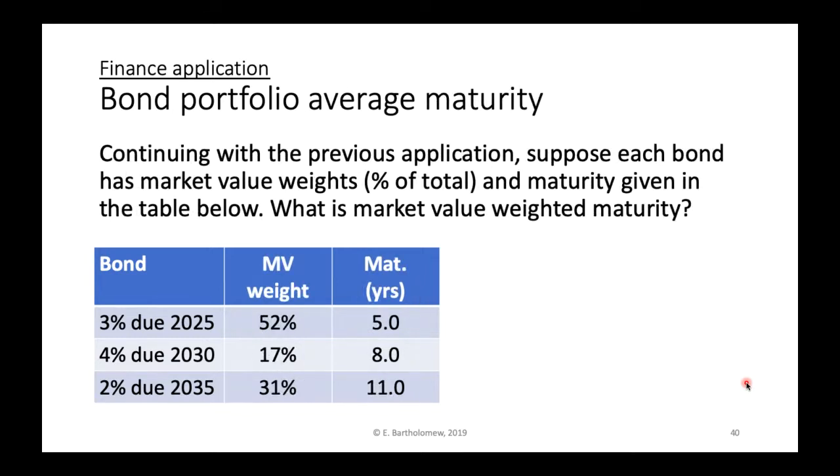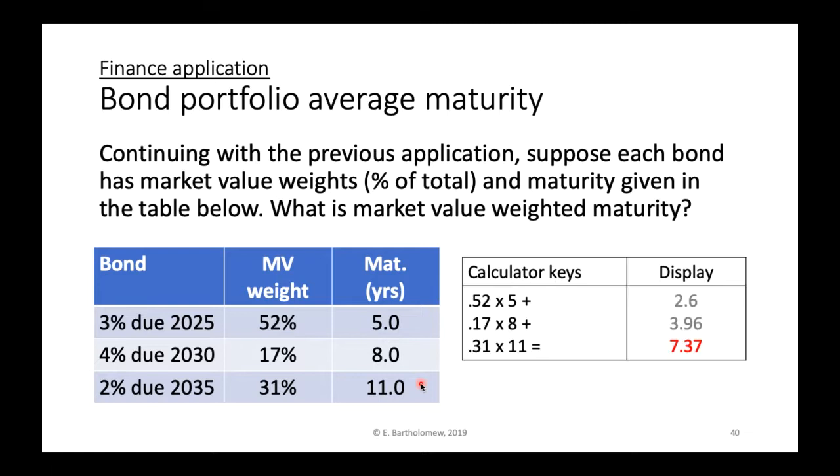Now, another statistic you might need to calculate would be the average maturity of the portfolio. Let's suppose that we are going to do that based on market value weights. It could be on different schemes, but we're going to do it based on market value weights. And let's say the maturities are given here. It's essentially the same operation we did before.